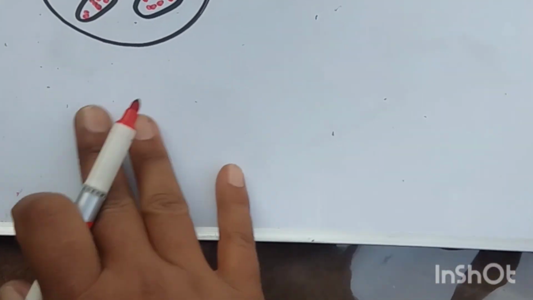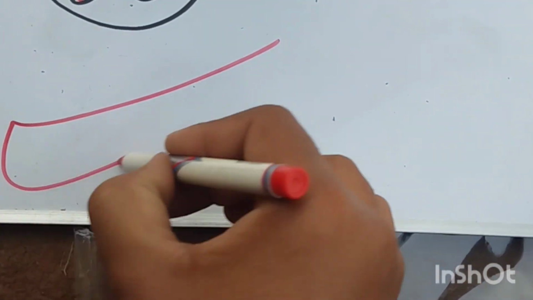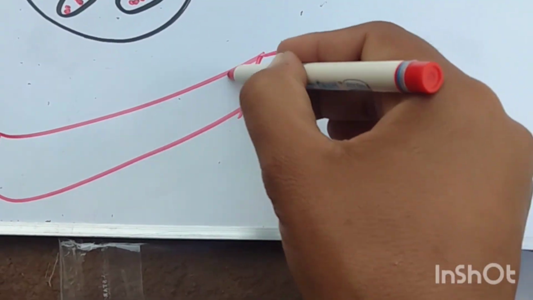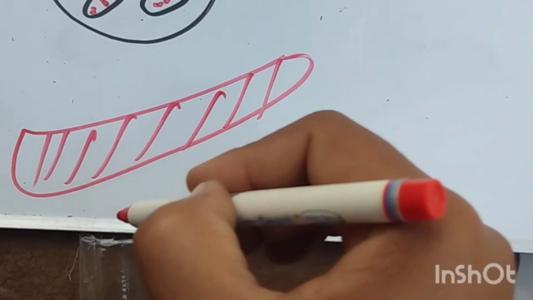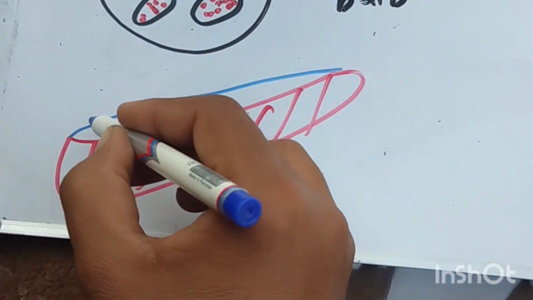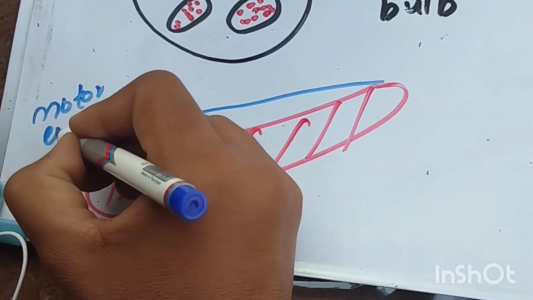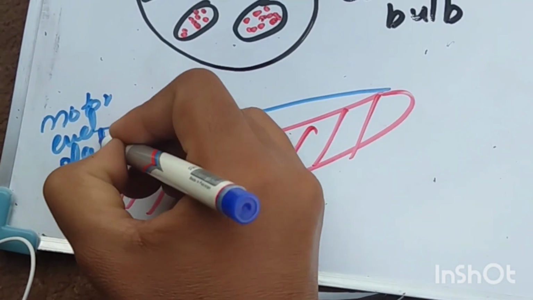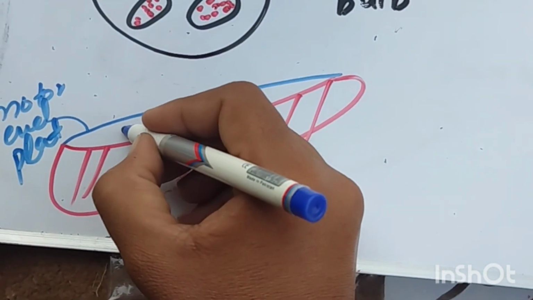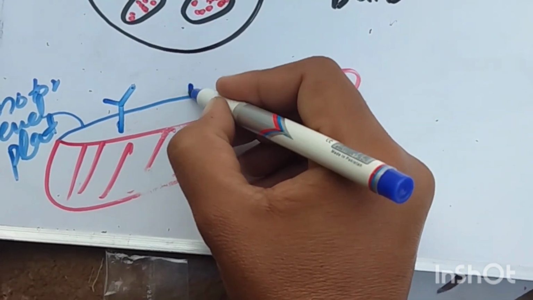So we draw the structure of our skeletal muscles. Suppose this is our skeletal muscle. The skeletal muscle is lined with the motor end plate. The motor end plate consists of receptors.